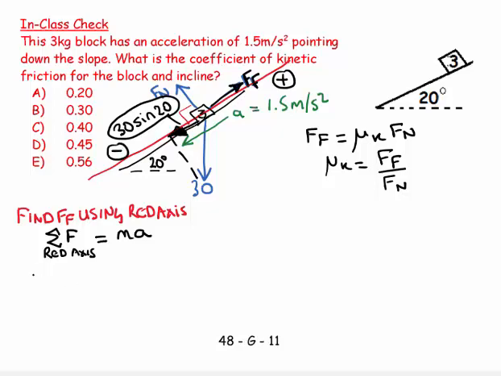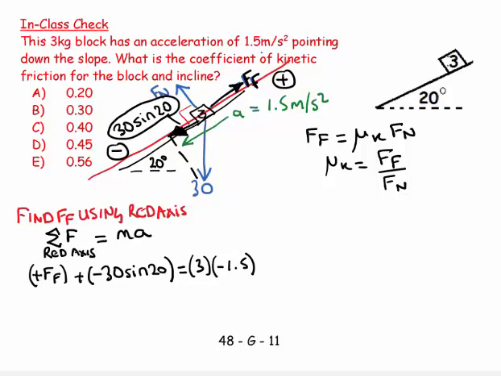I can say plus Ff added to minus 30 sine 20 is equal to the mass of this thing, which is 3, times the acceleration of this thing, which is minus 1.5.